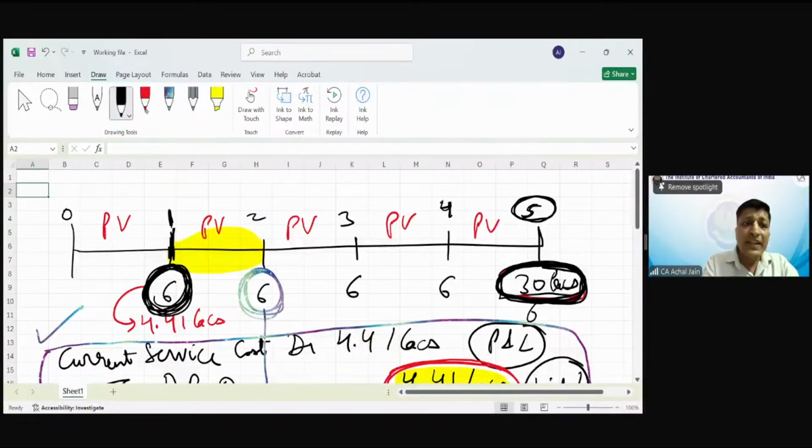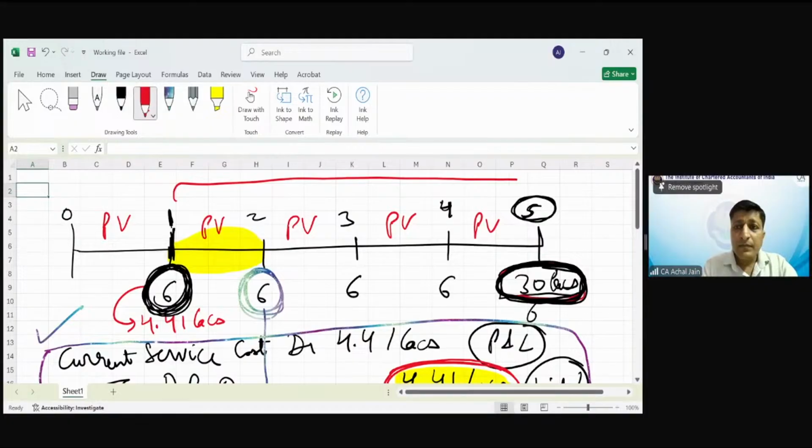for how many years will you discount it? For how many years will you do the discounting? Tell me. 4 years. Okay. So if you discount 6 lakhs over 4 years, that's when you are getting 4,41,000. That is what you discussed also, right? Now, 4,41,000 is the present value of 6 lakhs after 4 years.